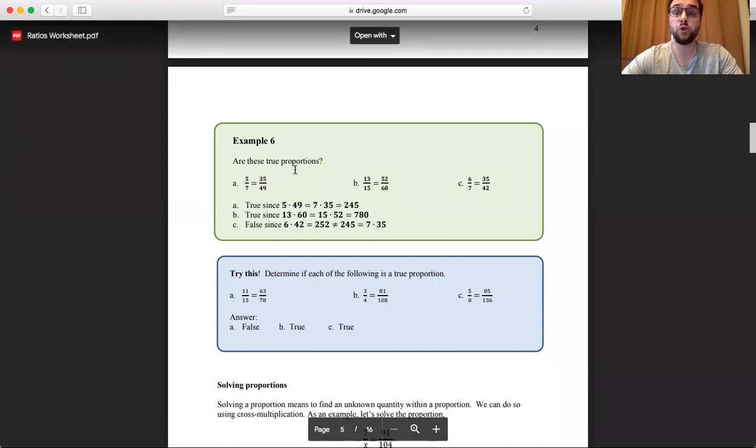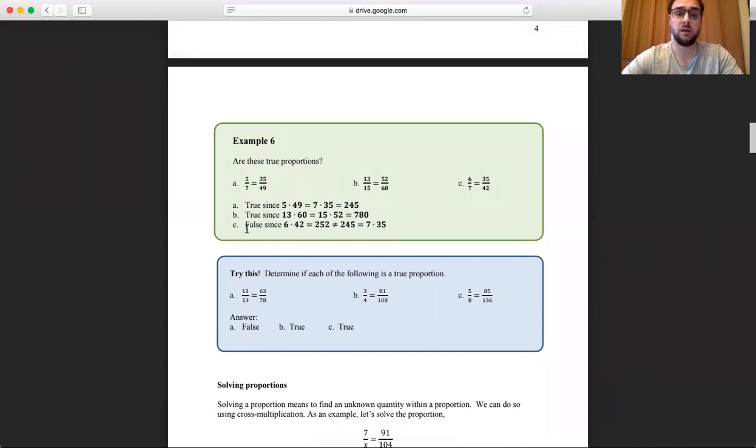Are these true proportions? Okay, so 5 times 49, 7 times 35. Oh, I'm sorry, 5 times 49, let's pull that up.